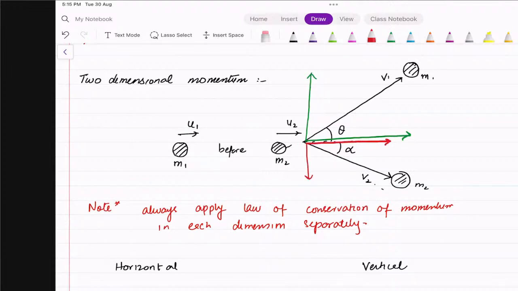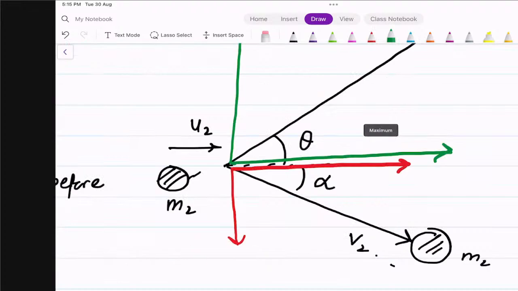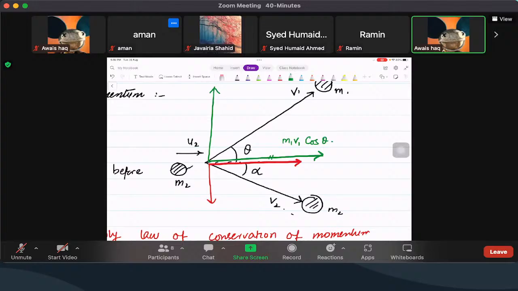Now it applies the same rules of vectors. For this one, as you can see, it is next to the angle, so this is going to be m1 v1 cos theta, and that one would be m1 v1.